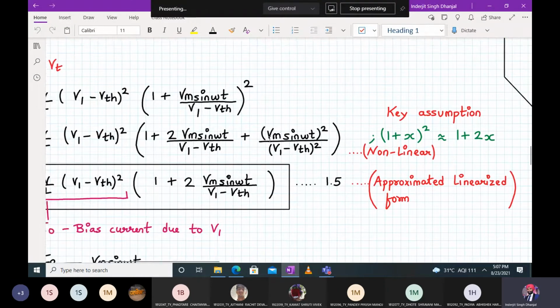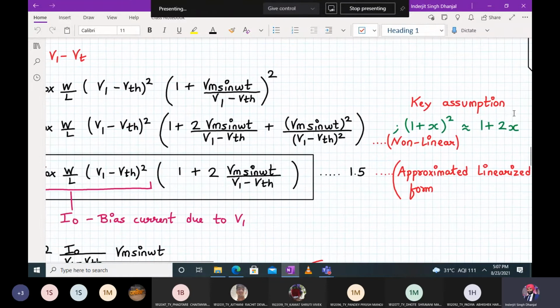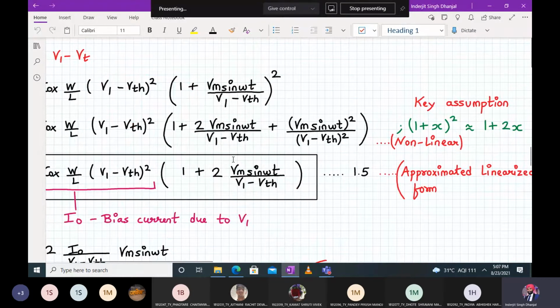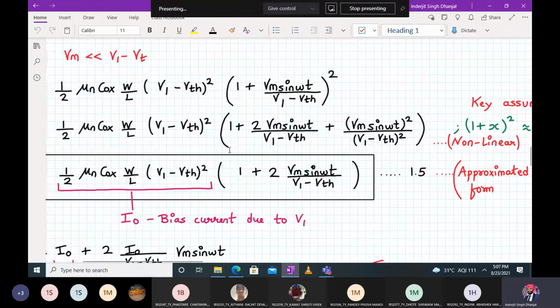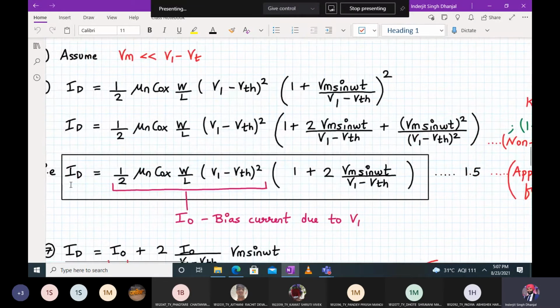This is non-linear, right? And when we do this approximation, we are linearizing it. So what do we do? 1 plus x the whole square will be 1 plus twice x. So what do we have over here? ID is equal to half mu n Cox W over L (V1 minus Vth) the whole square. And what do we write this expression as? 1 plus x the whole square is equal to 1 plus twice x.